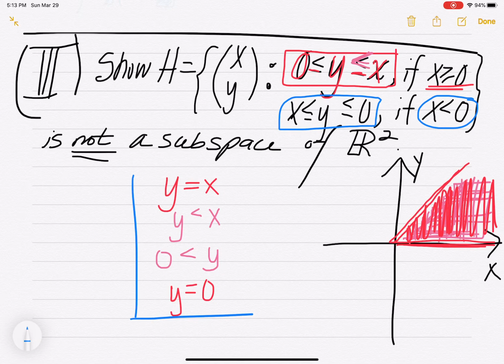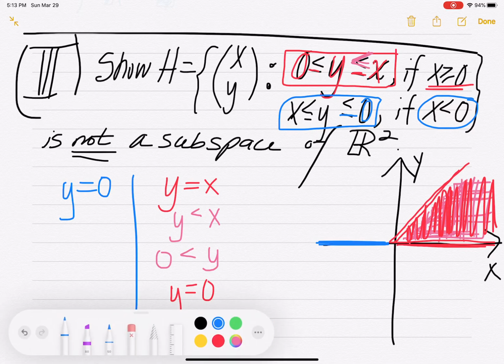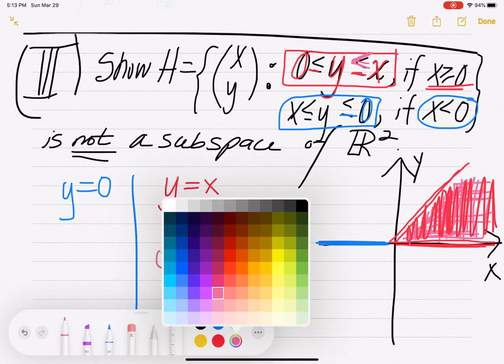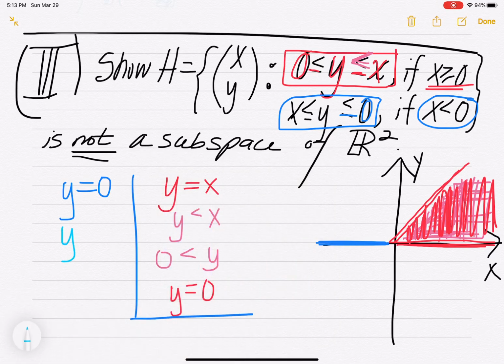First of all, y could be equal to 0, so that's going to be an upper bound. That's this line right here. Or y could be less than 0. Let's use kind of a bluish color. So that would be down here.